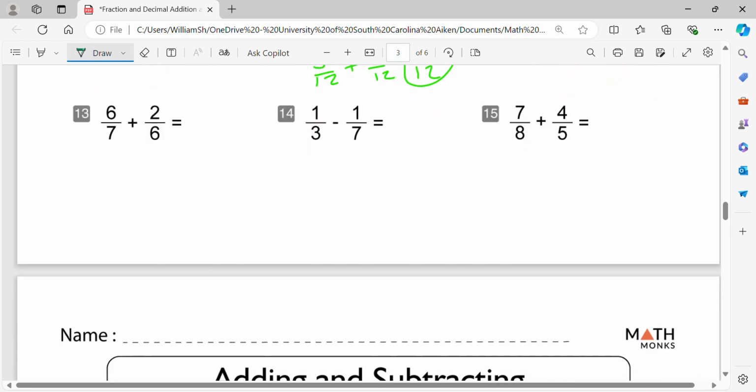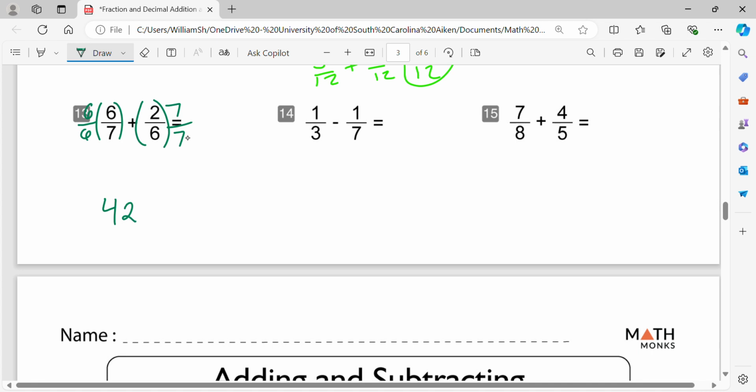Number 13, I've got 6/7 plus 2/6. Alright, you got some options on this one. 7 times 6 is what? 42. Okay. So, if I make 42 my common denominator, then I'm multiplying this one by 6/6 and this one by 7/7.